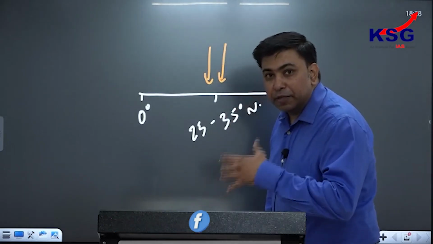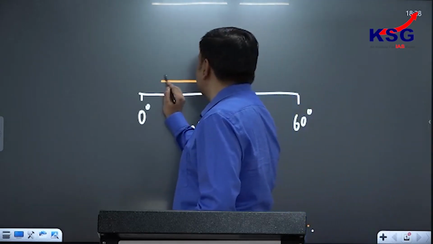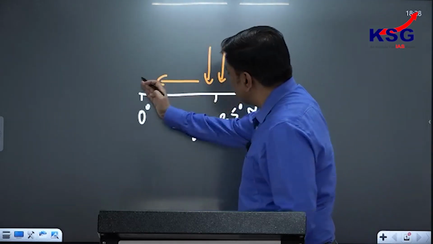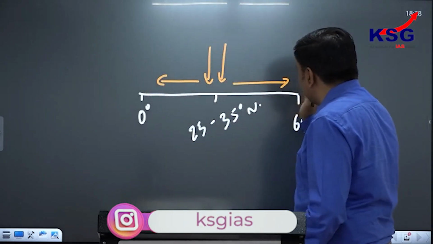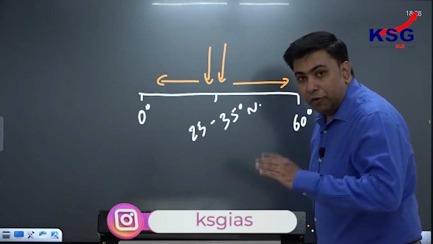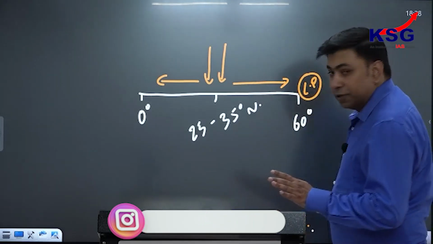And when the air parcels are sinking, after cooling, the surface winds flow from subtropical high pressure belt towards equator, and one wind flows from subtropical high pressure belt towards subpolar area. Why? Because subpolar areas are featured by low pressure condition.